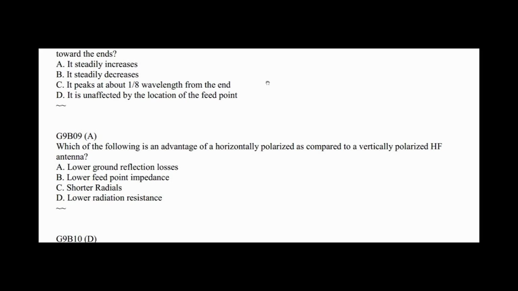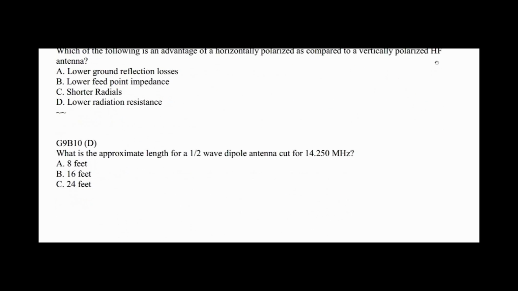There is not much in the way of ground reflection losses on a dipole. Another answer that might be possible, but it's not on there, is there's less noise.